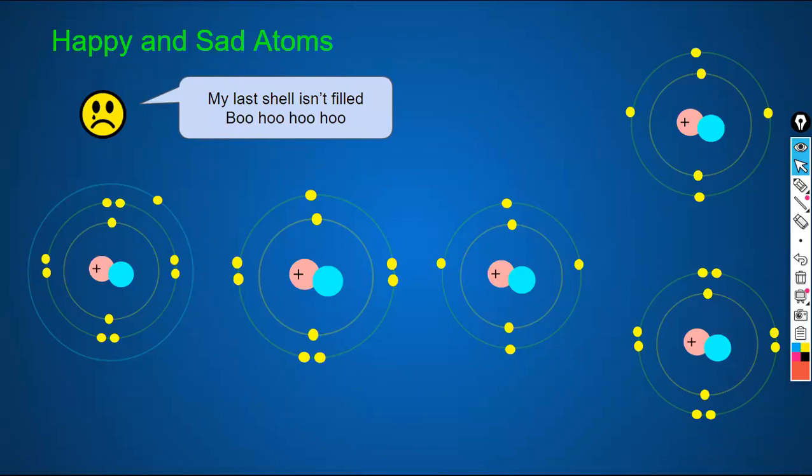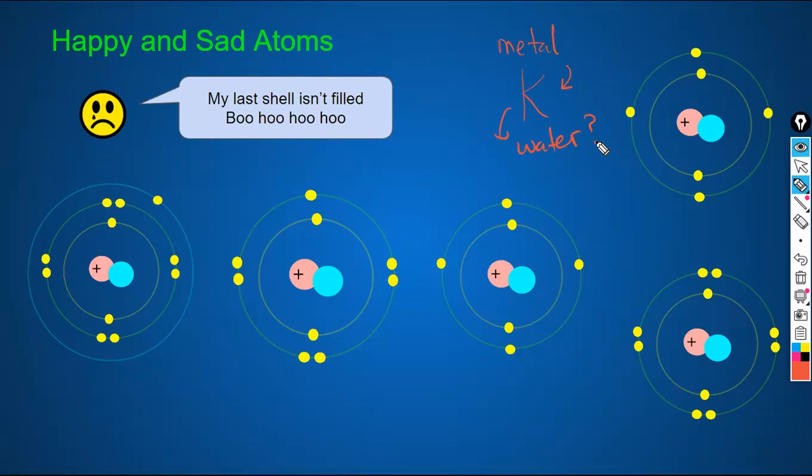Let's take potassium from your periodic table. Potassium is a metal, and potassium is in group 1. Anybody could tell me what happens when you mix potassium and water?